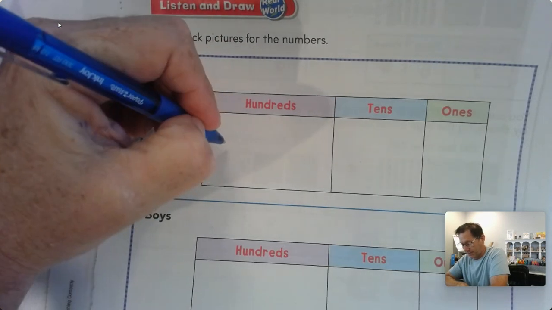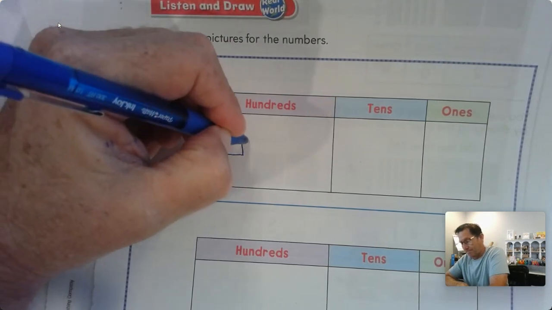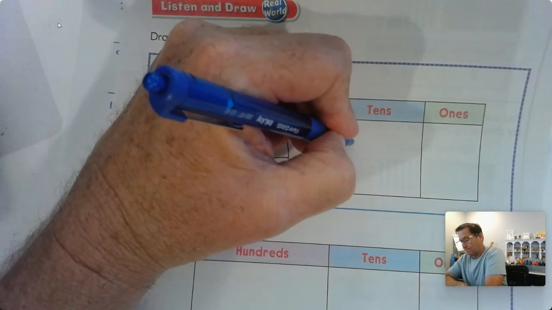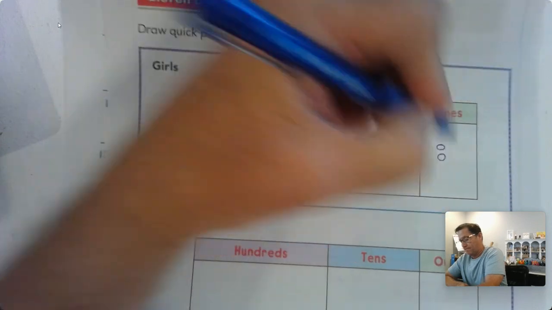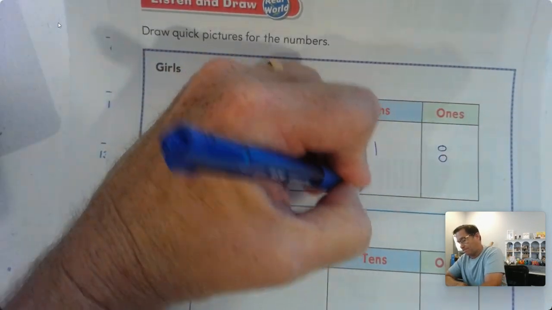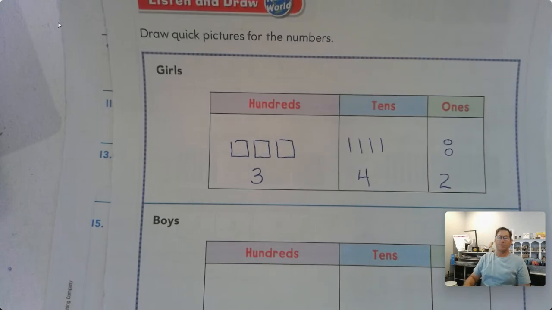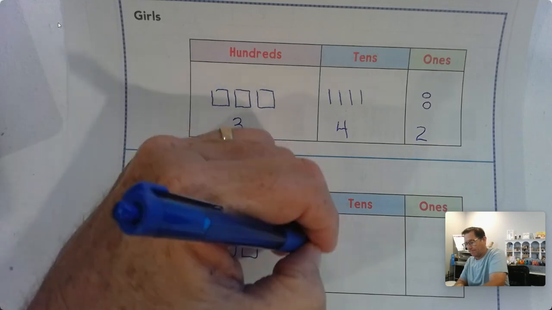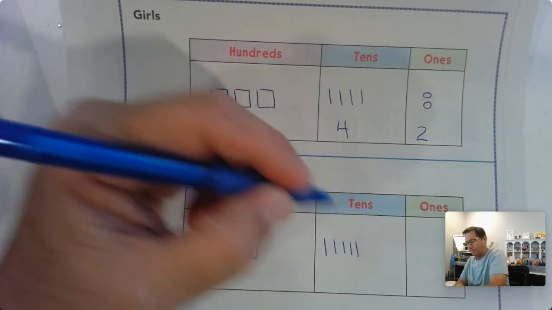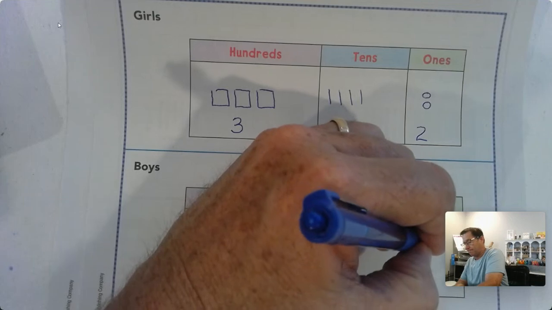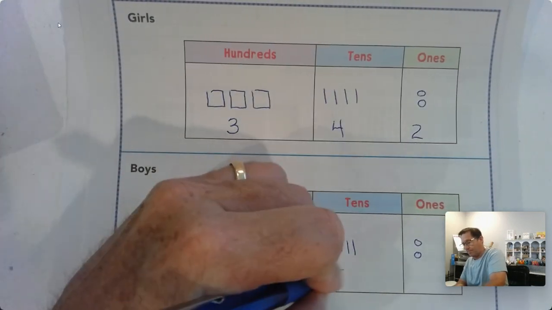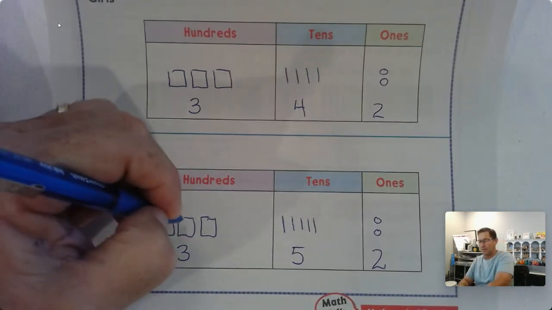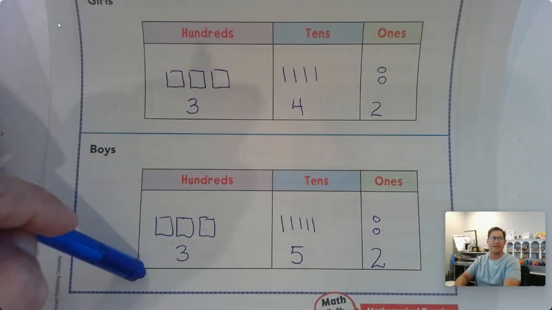So, 342 girls, 352 boys. Okay, so you notice that the hundreds are the same.